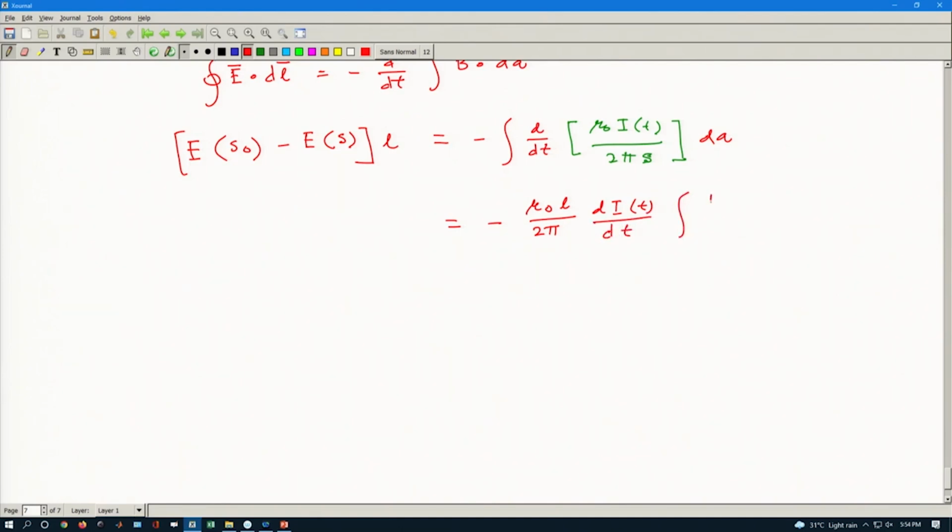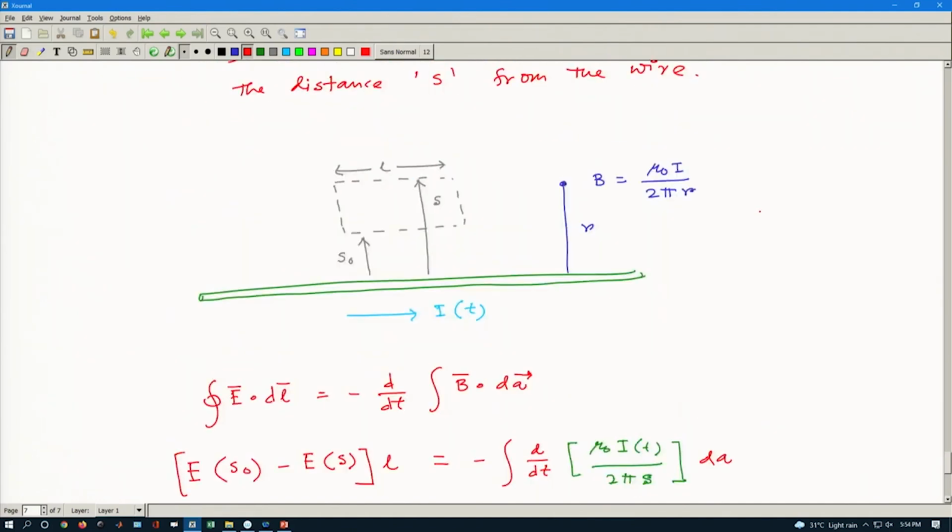Inside the integral I have 1 by S, and the area is L into dA, a small amount of area at a distance. From here to here is S, and S is a variable here.